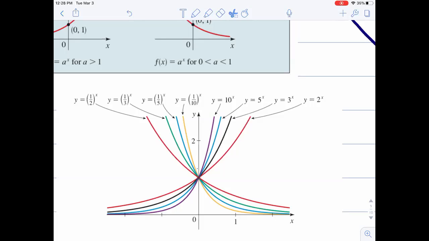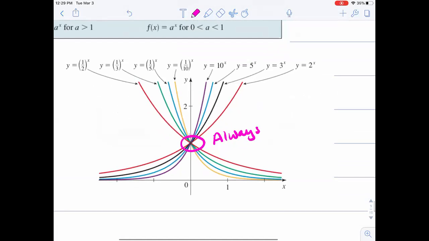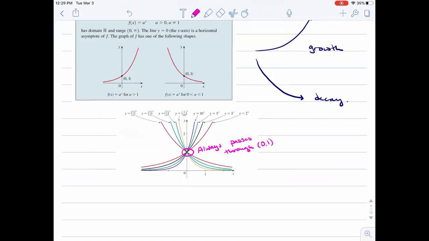It's always going to pass through (0, 1), regardless of what the base is. So let's make a note of that. Always passes through (0, 1).